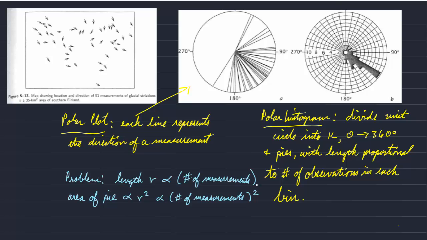And that tends to exaggerate differences in the frequency distribution. You recall that for a normal histogram, when the height of an individual bar is proportional to the number of observations, the width doesn't change, right? So the area of each bar has a linear relationship to the number of measurements. But here, in a circular or a polar histogram, that's not the case. So again, the areas look too large for bins with lots of measurements.